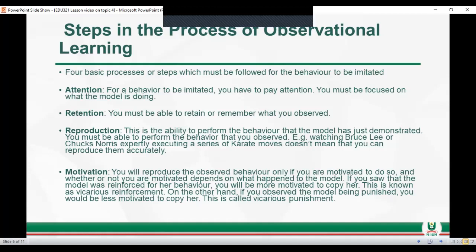If you notice that the person you're observing has just been punished for that behavior, you wouldn't want to reproduce what you have observed.